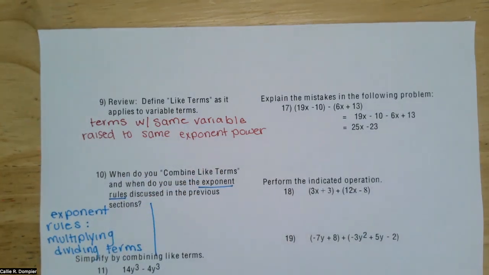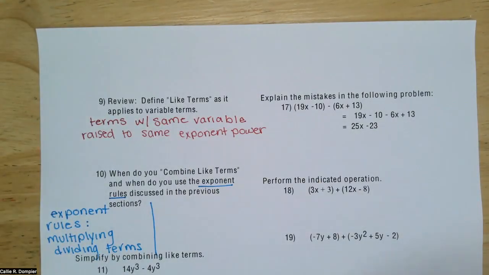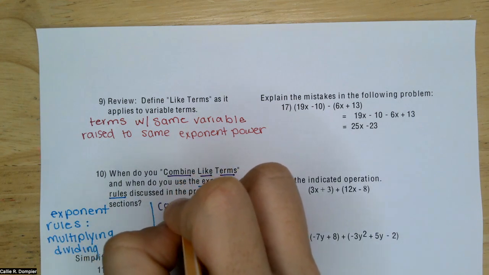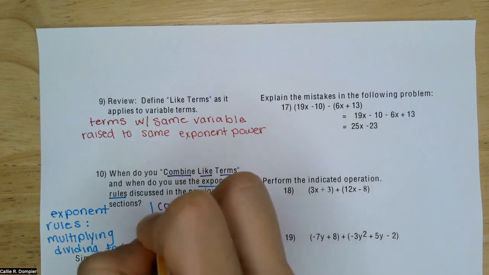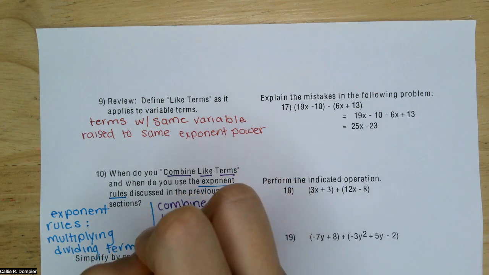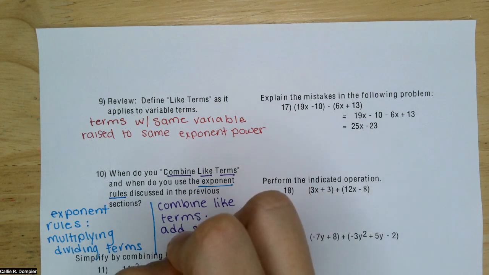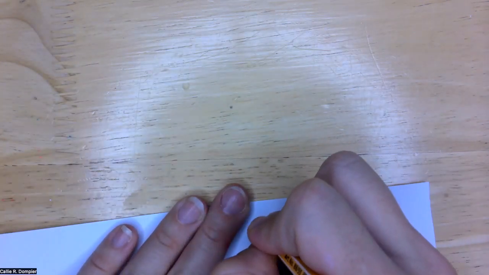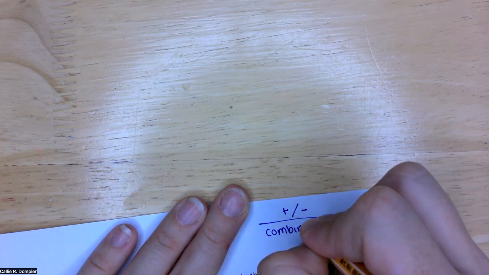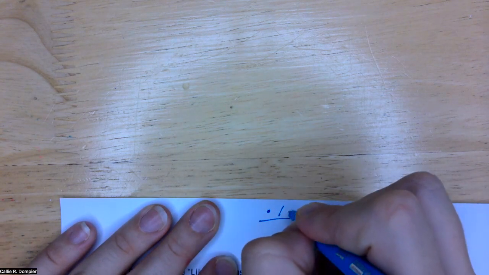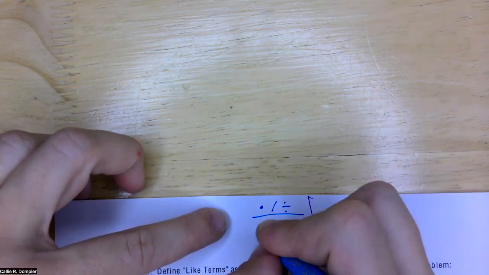And you combine like terms when you add or subtract terms. So if you are adding or subtracting, combine like terms; if you are multiplying or dividing, use exponent rules.